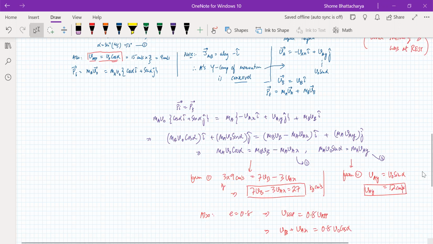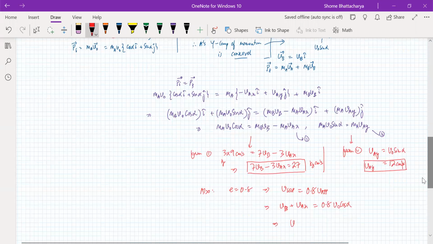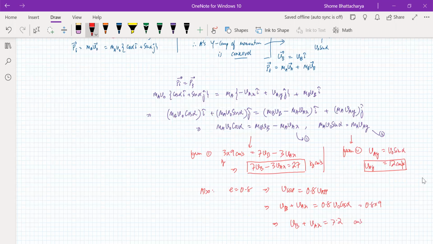So we have one more equation now: VB plus VAX is equal to 0.8 into 9, that is 7.2, in centimeters per second.